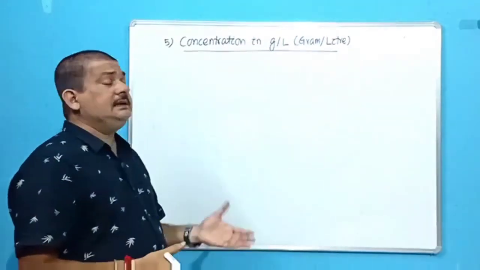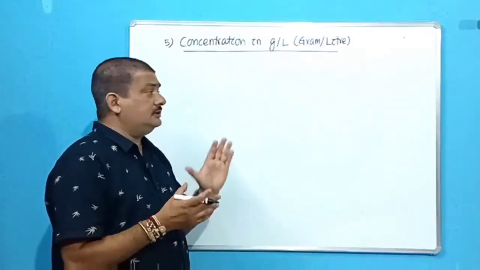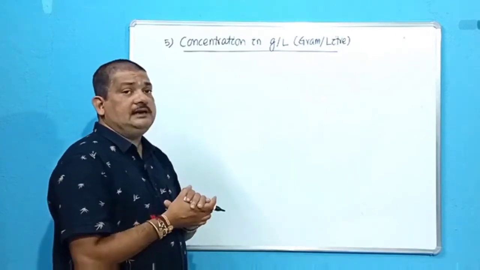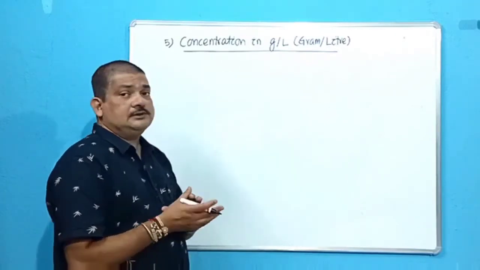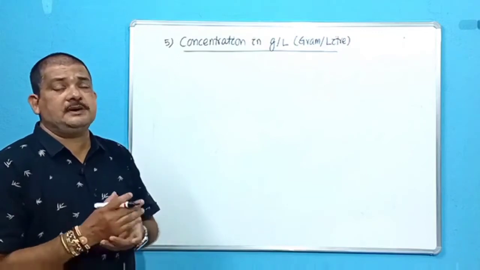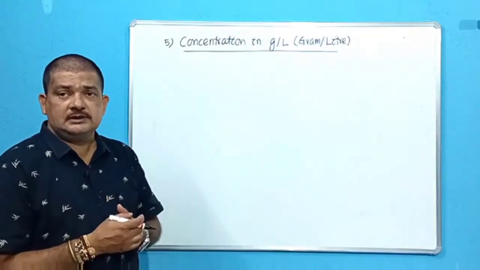It is visible from the definition itself. So the definition can be clearly told looking at these lines. It is the number of grams of the solute present per liter of the solution.